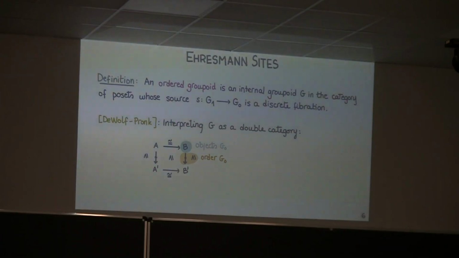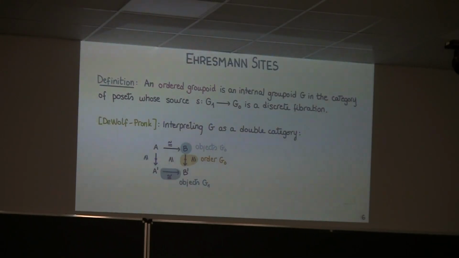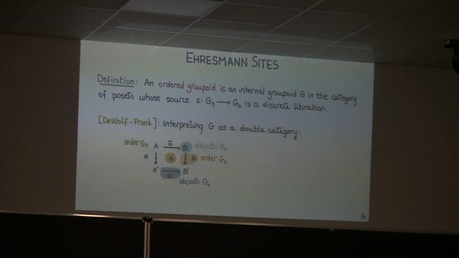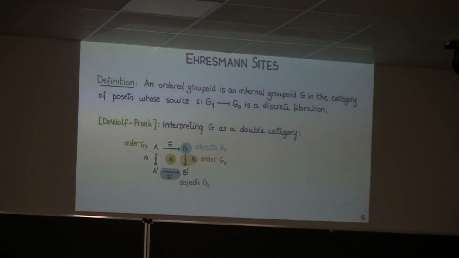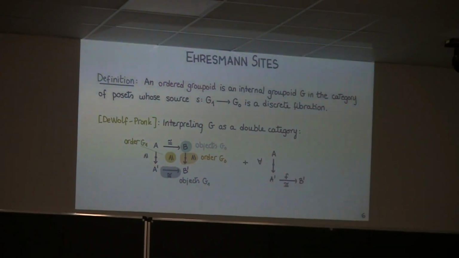The vertical arrows are given by the order in the poset of objects. Then the objects in the poset of arrows are the horizontal arrows, which are isos because we have a groupoid. And then the double cells are given by the order in the poset of arrows. And the discrete fibration property is given like this.